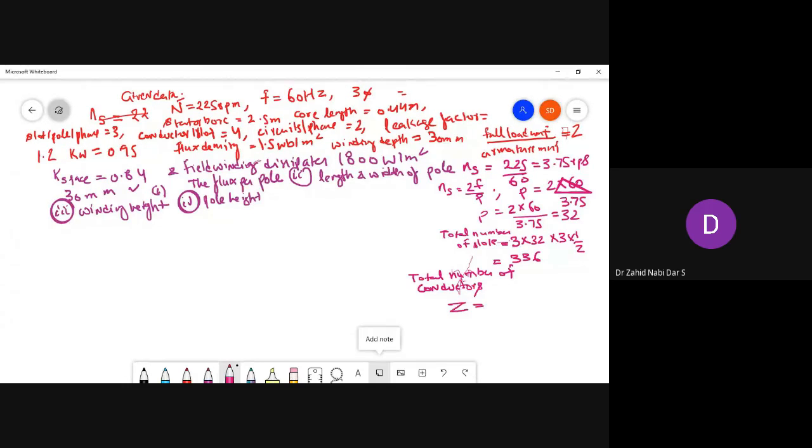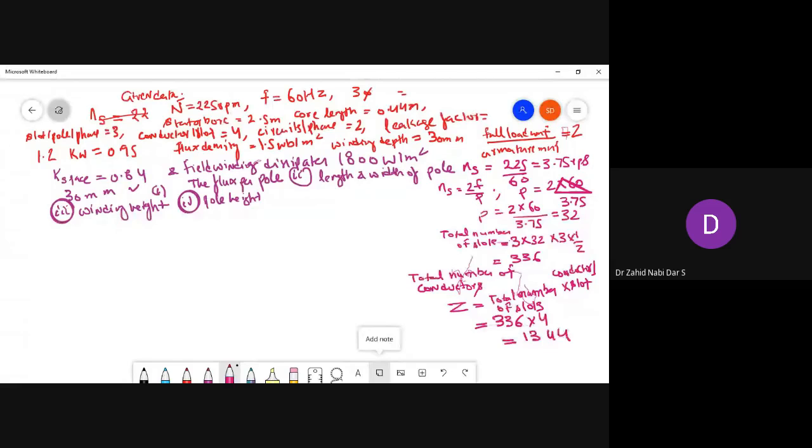Z would be equal to total number of slots, that is 336, into conductors per slot. Conductors per slot is given 4. So this is 336 into 4. This would be around 1344. So this is one thing.